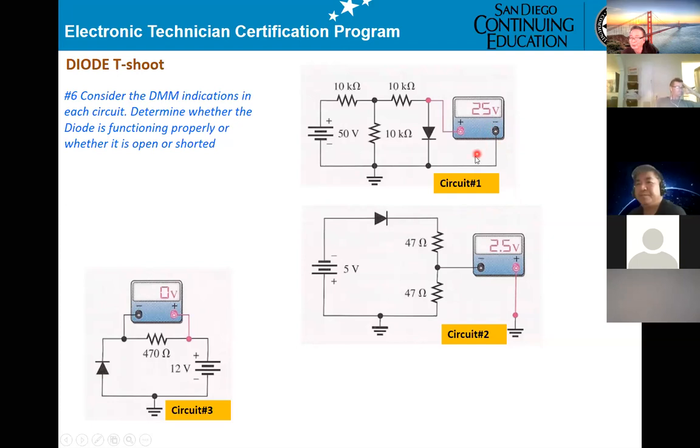Then you have to prove it. You said no current goes to this 10K, so the voltage measured will be across this 10K right here. Voltage divider. So that's why I get 25. Tomorrow we will continue with that one and that one.